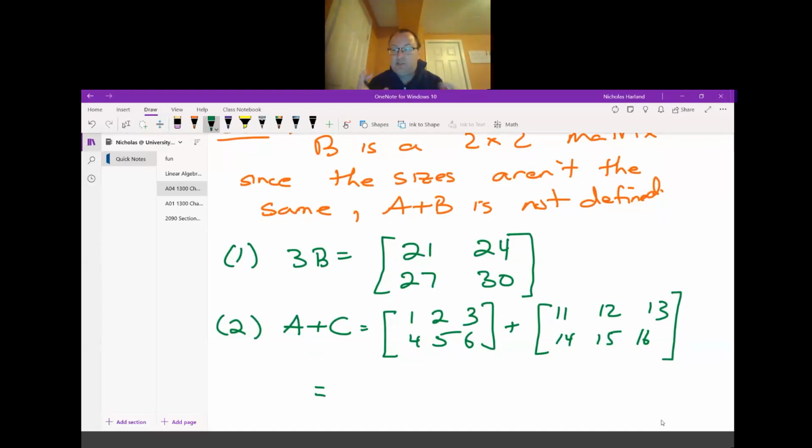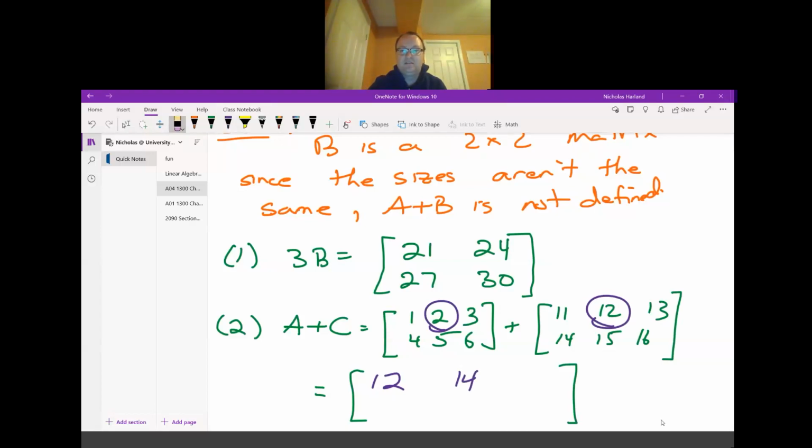Assuming the sizes are the same, and the sizes need to be the same before we do anything, we just add them together an entry at a time. So 1 plus 11 gives us 12. Adding matrices is fairly straightforward. 2 plus 12 is 14. And we just keep going. 3 plus 13 is 16, 4 plus 14 is 18, 5 plus 15 is 20, 16 plus 6 is 22.